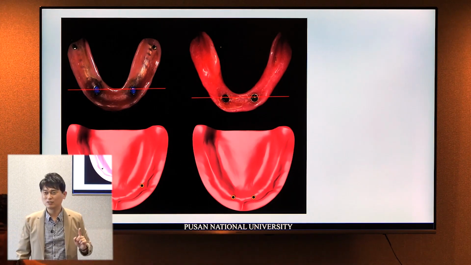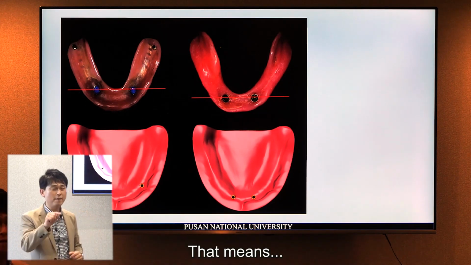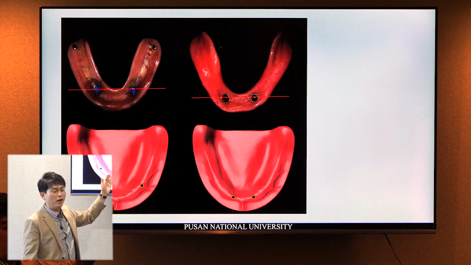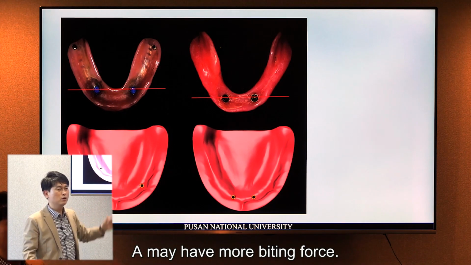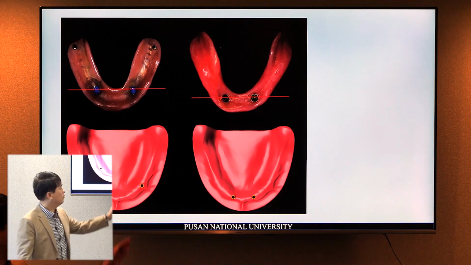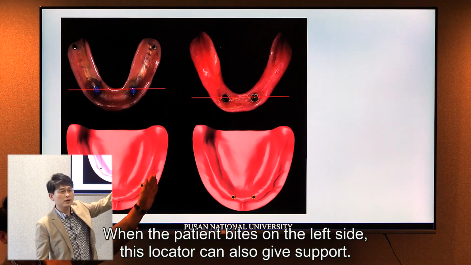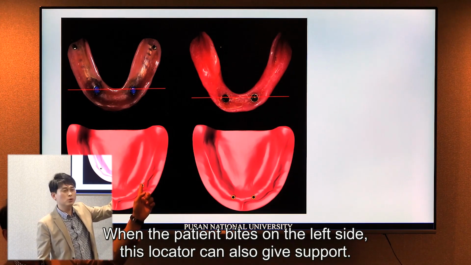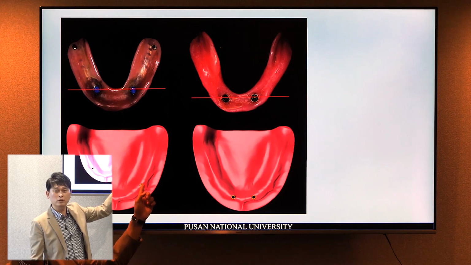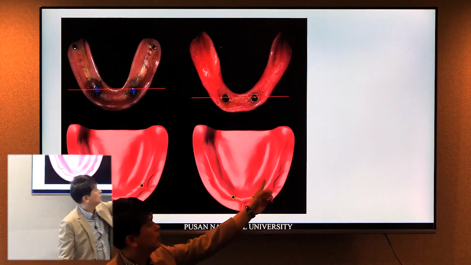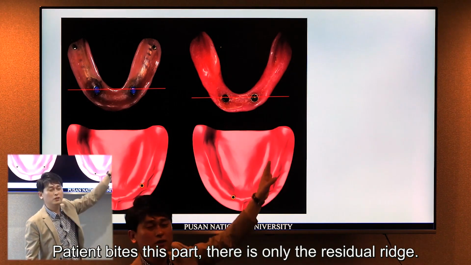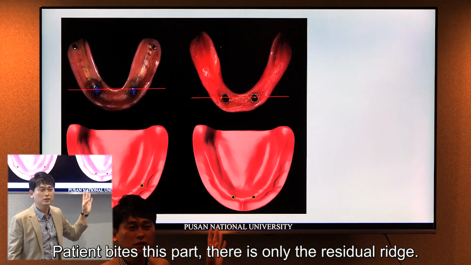My question: which one is smaller in the second movement? A. Do you understand? That means A may have more biting force. When the patient bites the left side, this locator can also give support. But when the patient bites this part, there is only residual ridge.